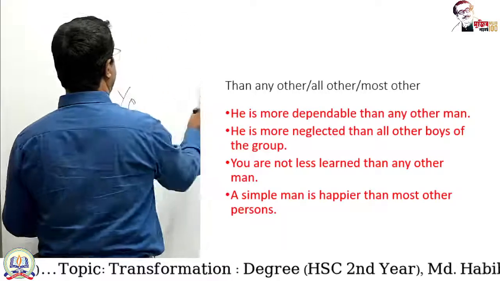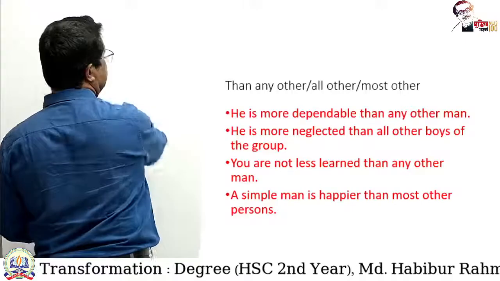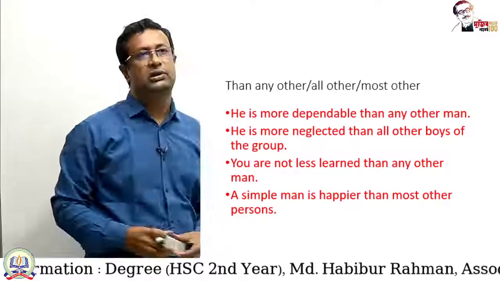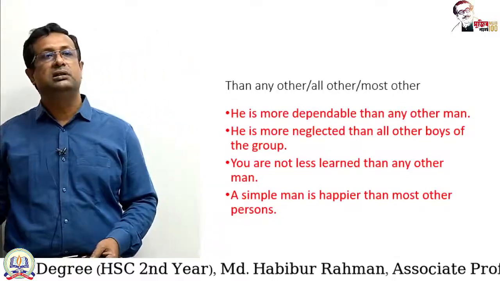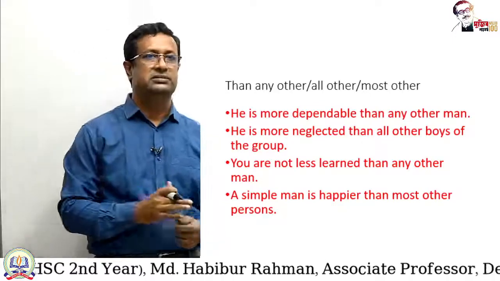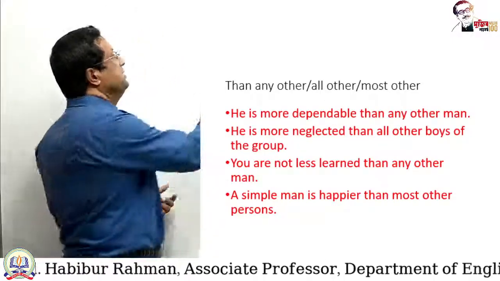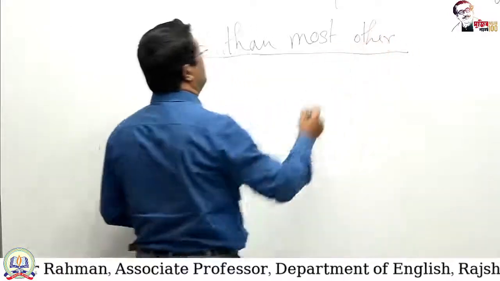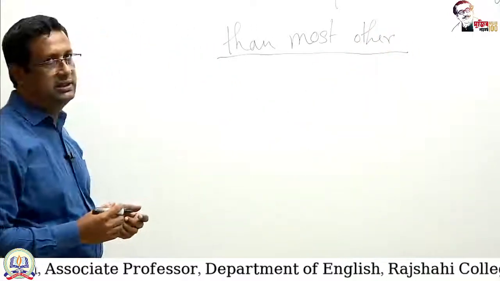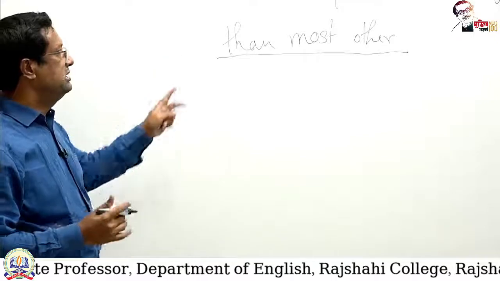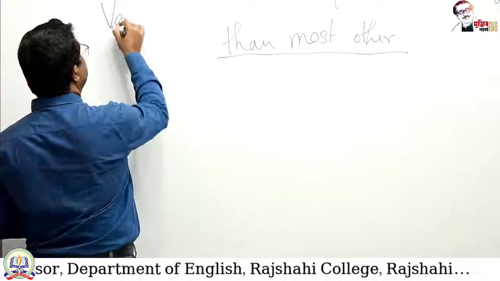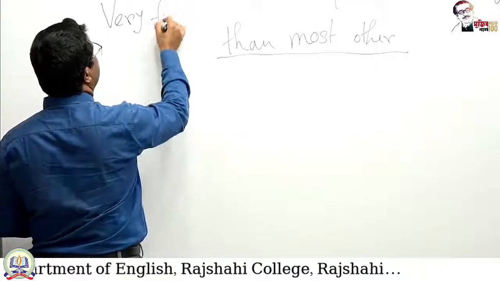If you find this phrase in your sentence, what will you do? You will use very few. This is most commonly used, very few. When you find than most other, you will use the phrase very few.